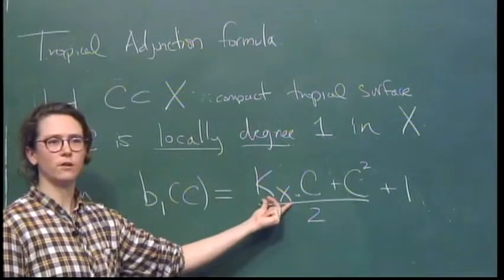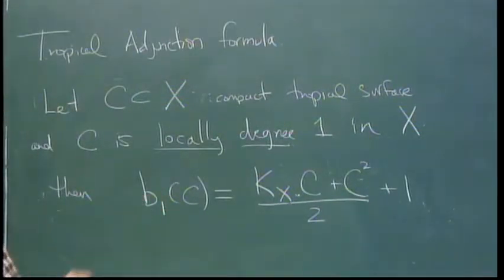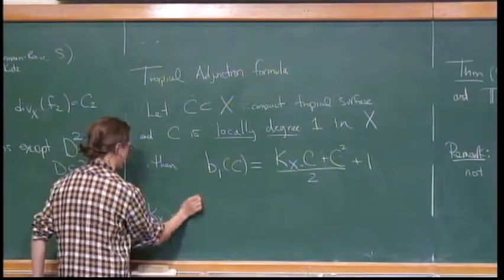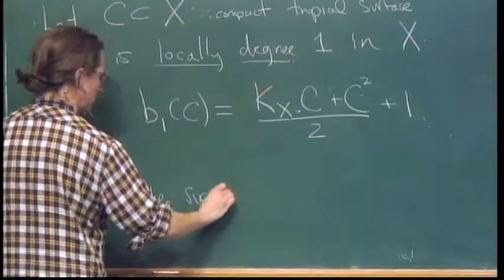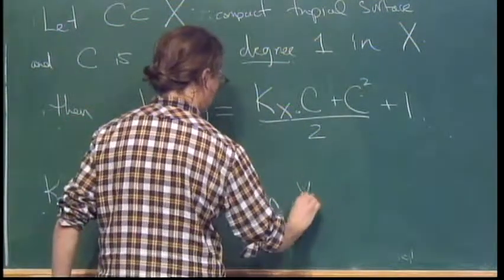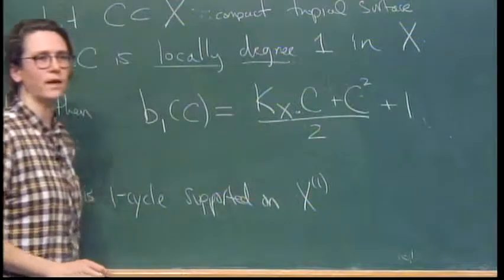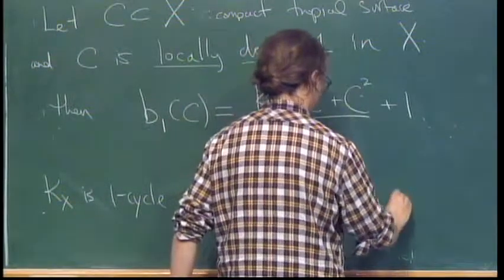But first of all, we've seen the canonical class for the case of a curve. And the K_X for a surface is a one cycle supported on the one skeleton. And with weights, it looks the exact same.